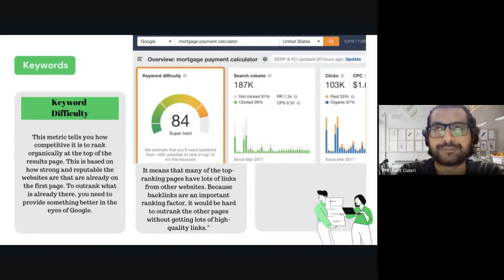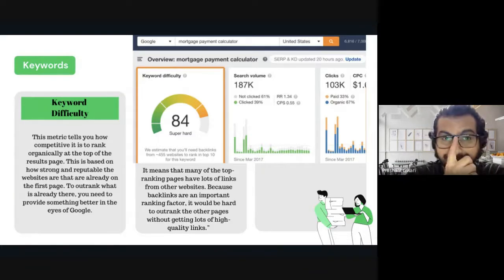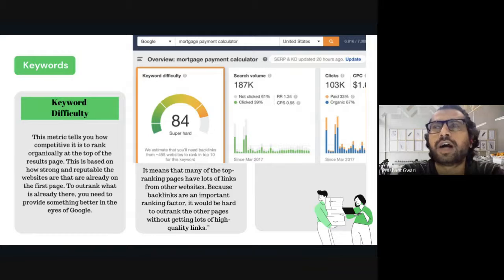For example, there are around 100 to 200 institutes in India providing digital marketing courses. And every single institute is targeting the same keyword, best digital marketing courses, in their SEO.